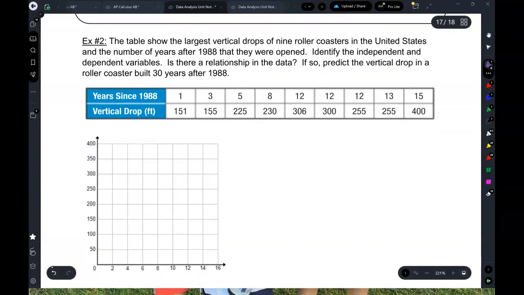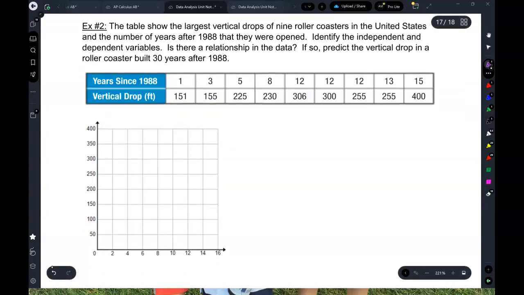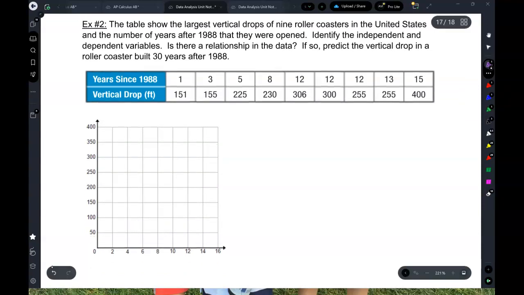Okay, so first let's figure out the independent and the dependent variables. So which of these, years since 1988 or the vertical drop, would you say is the independent variable? And then which is the dependent variable? Years since 1988 is the independent variable, right?